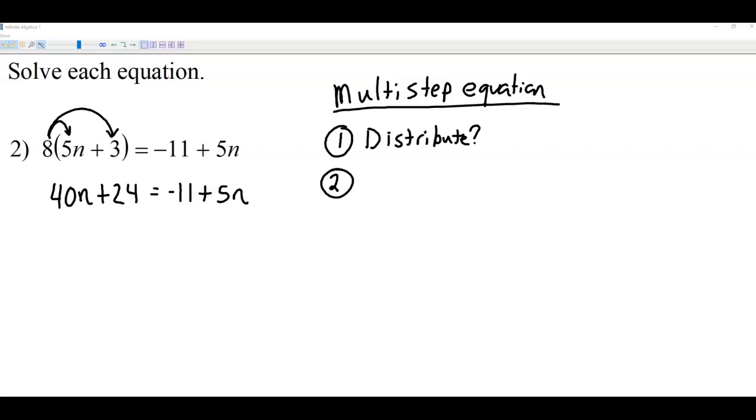Next, we're going to add or subtract the smaller variable on both sides.